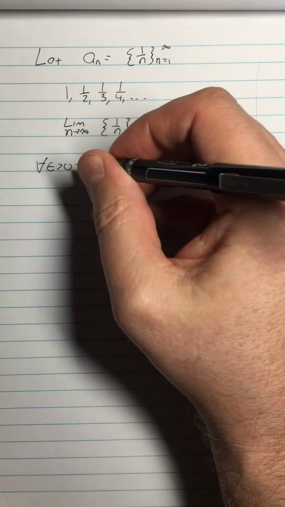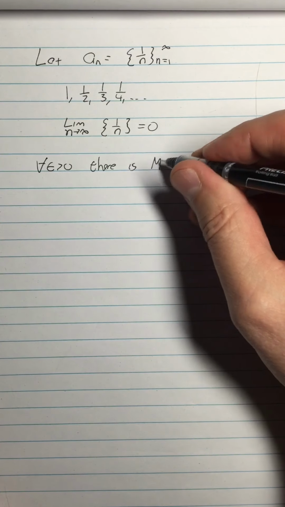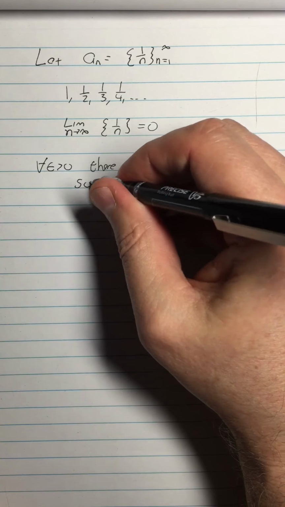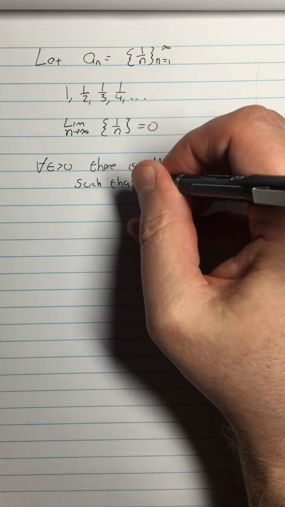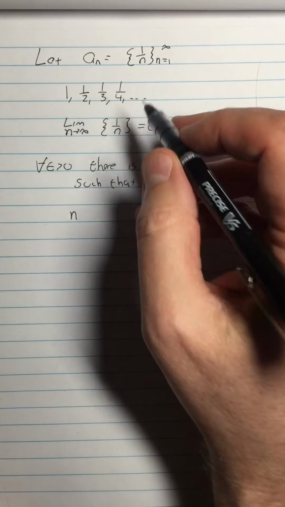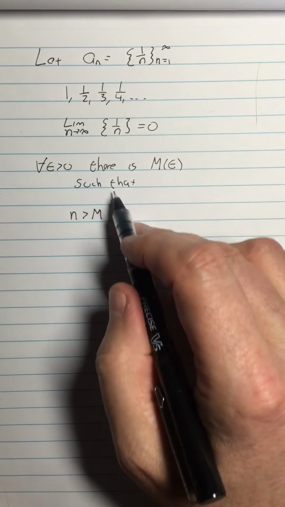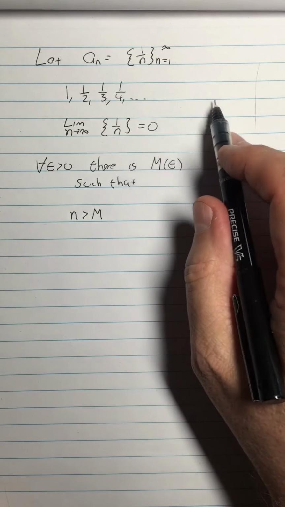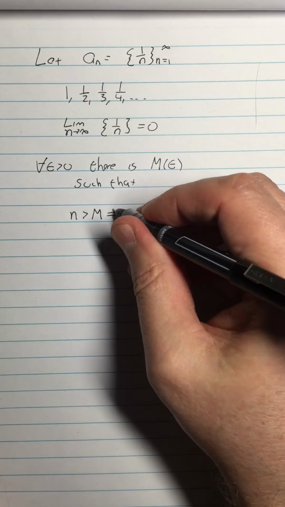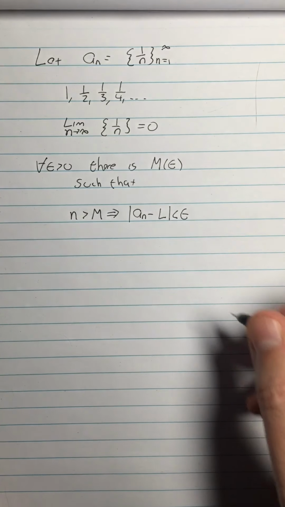For every epsilon greater than 0, there is a natural number m, which, by the way, depends on epsilon, such that if n, the index variable, so which one you're on, is past that value of m, in other words, there's an m somewhere that if I go past that index value, then from then on, the distance from a sub n to the limit is less than epsilon.